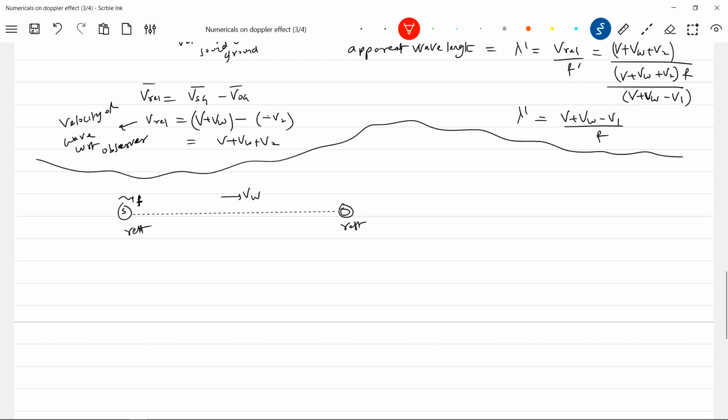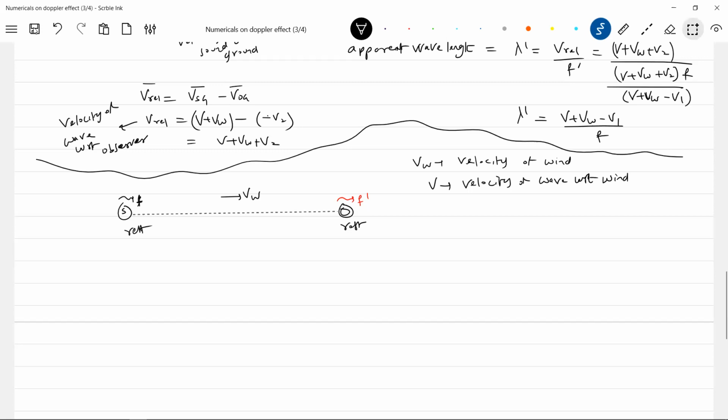At what frequency it will be received? What is VW? VW is the velocity of wind. And what is V? Velocity of wave with respect to wind.